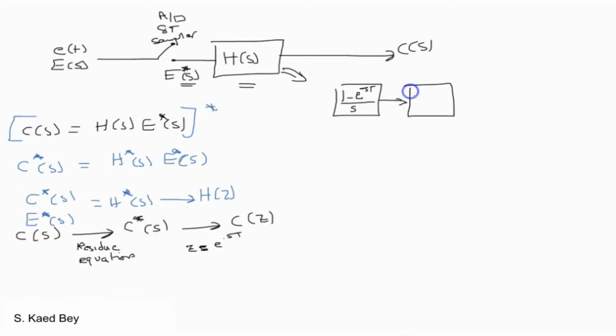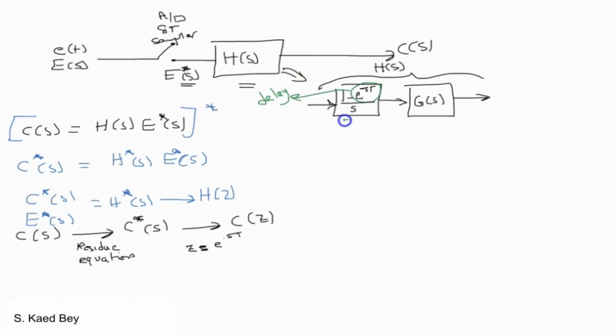And perhaps the plant transfer function, we call it G of S. And if you notice that from Laplace transform, the exponential of negative sT is a delay factor.